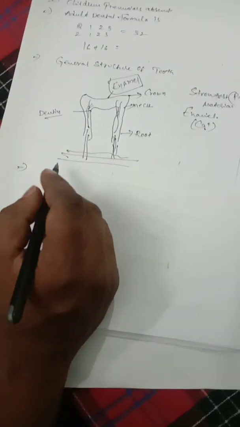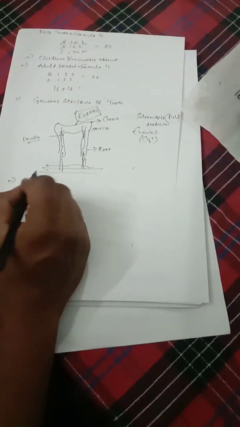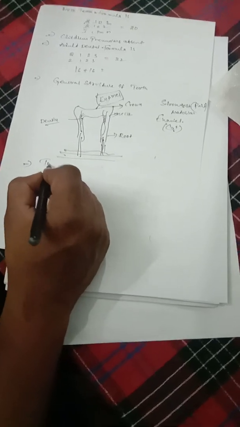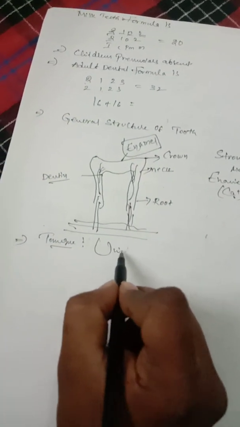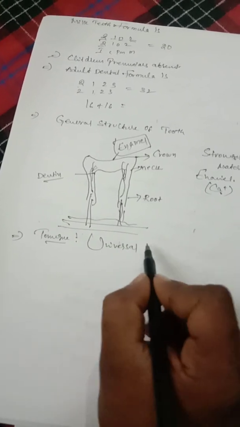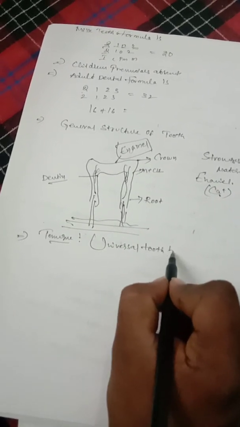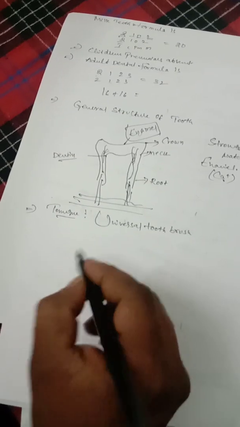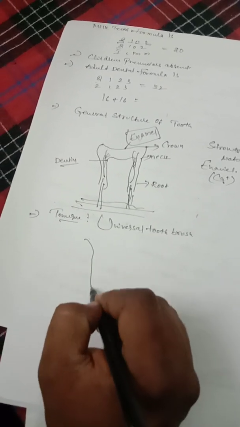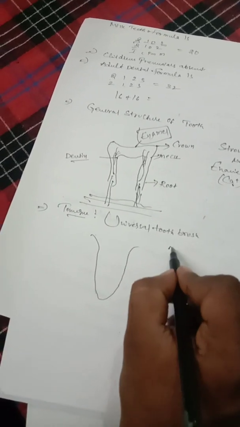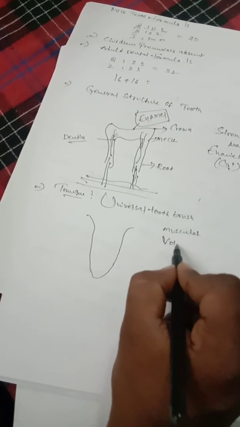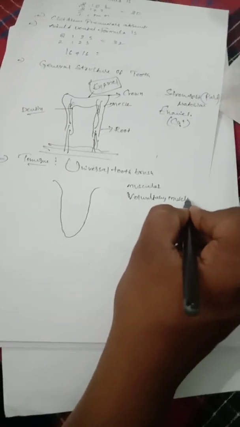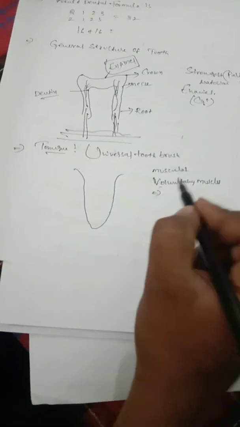The next most important thing is the tongue. Another name for it is the universal toothbrush. The tongue is muscular, made of voluntary muscles. What is the meaning of voluntary?